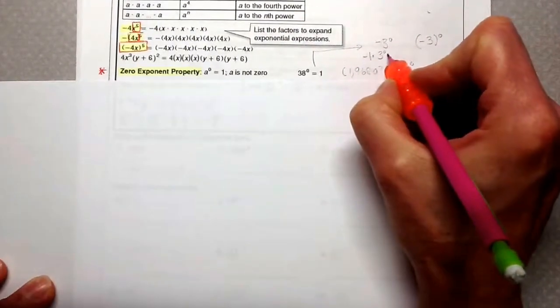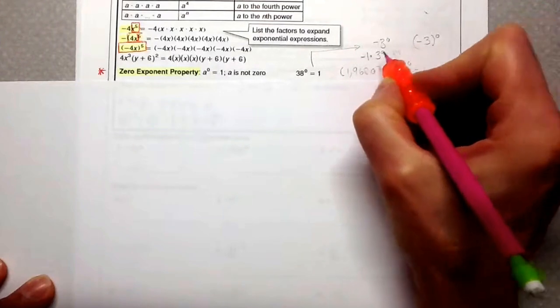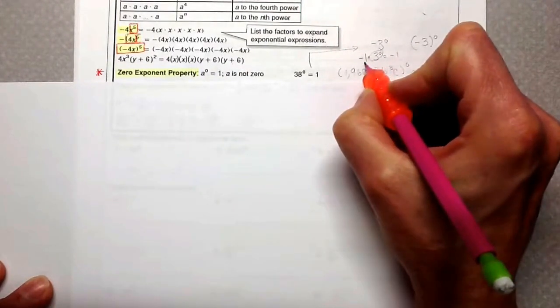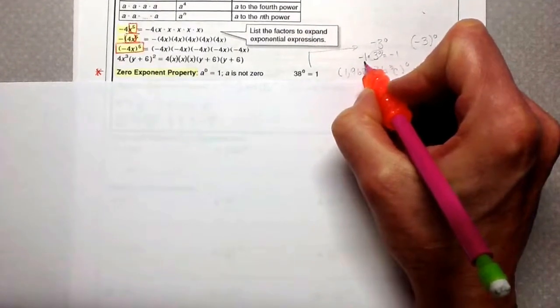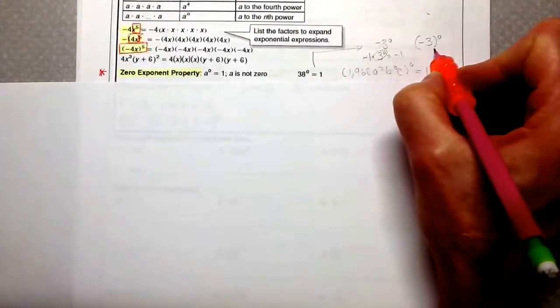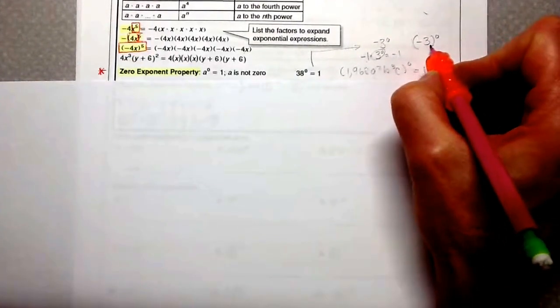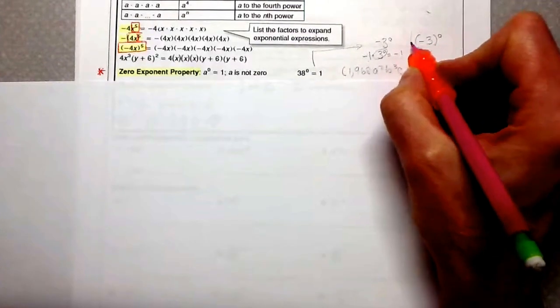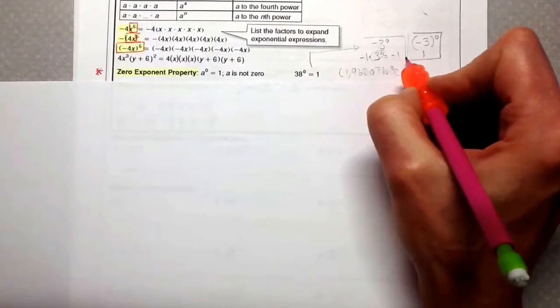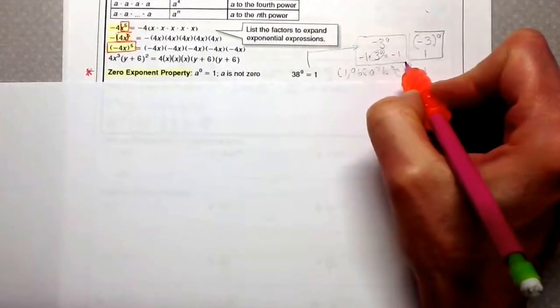So this would equal negative 1. Because the 3 is being raised to the 0 power, it changes to 1, and we still have that negative 1 outside. So we multiply negative 1 times 1 to give us negative 1. Here, we have negative 3 to the 0 power. This whole thing is being raised to the 0 power, so that ends up being 1. So just be real careful, again, where your exponents are being applied. It's very, very important.